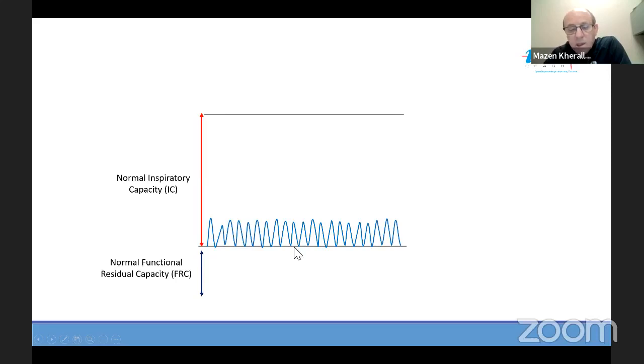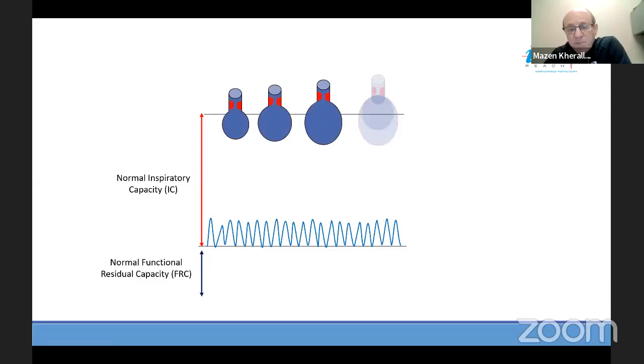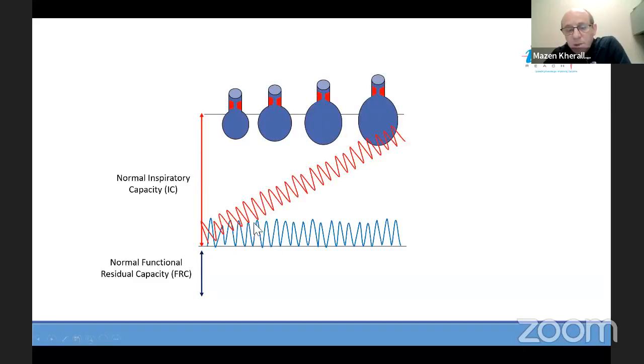Okay. And if the patient is developing dynamic hyperinflation, what happens is the pressure builds up gradually, and every breath you add more to the functional residual capacity, and you can see at the end the inspiratory capacity is decreased. So this is reduction in the inspiratory capacity.